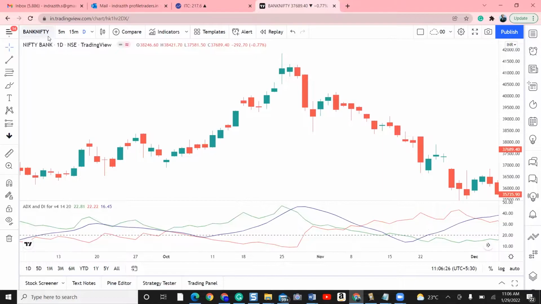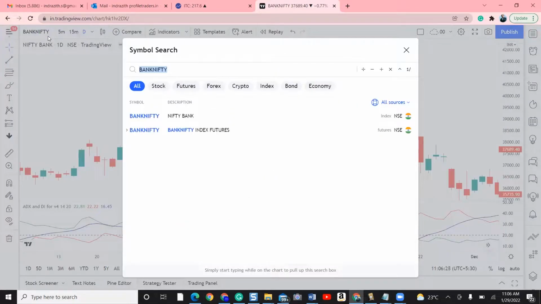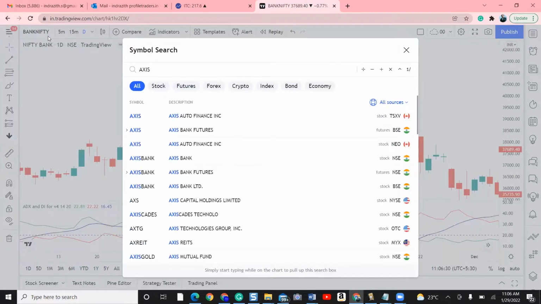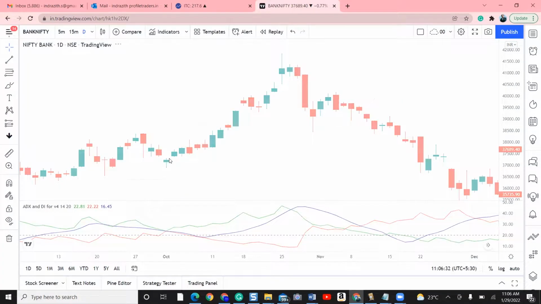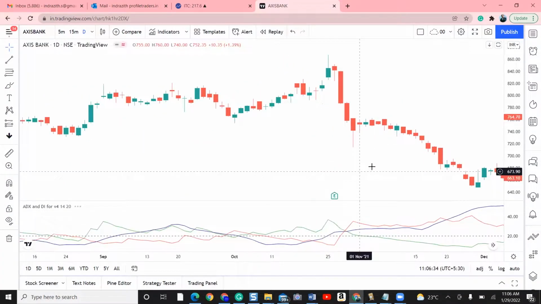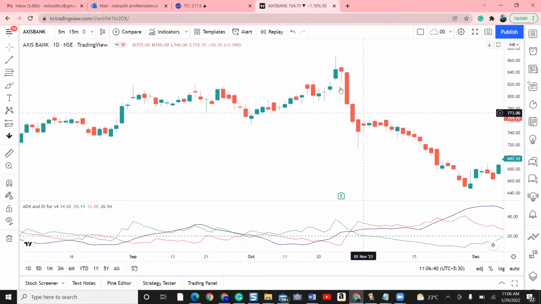I will look into some charts. We'll go to Axis Bank. Can you see it here? The trend is down. Here, it is falling very rapidly. Can you see here? ADX is above 20. It came above 20 here, and this red line, the negative DI line, came above this green line.